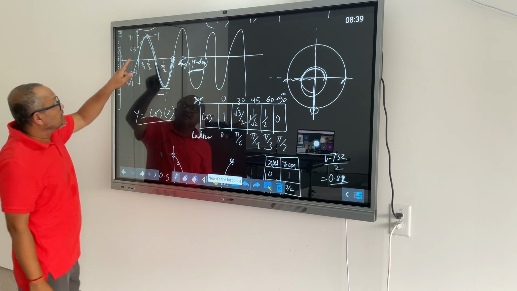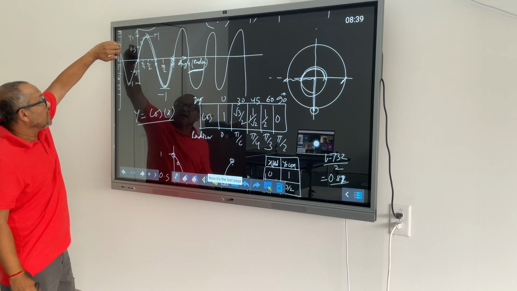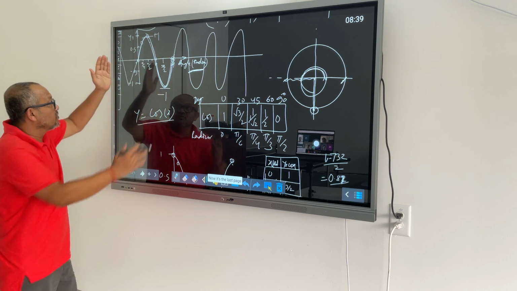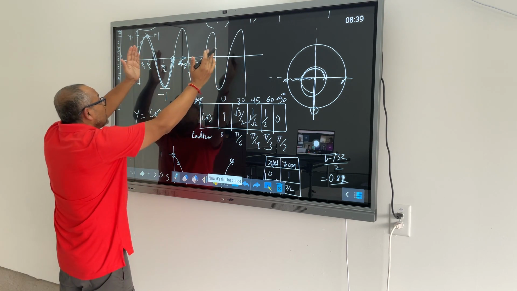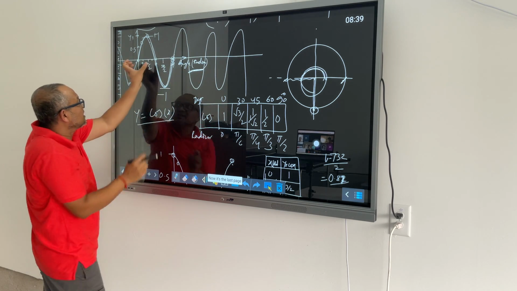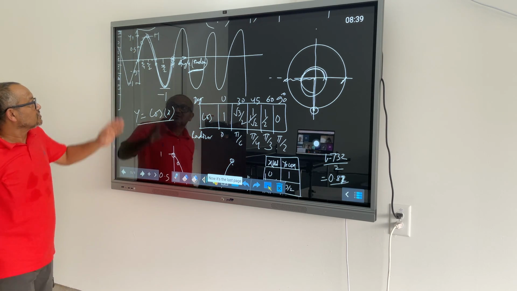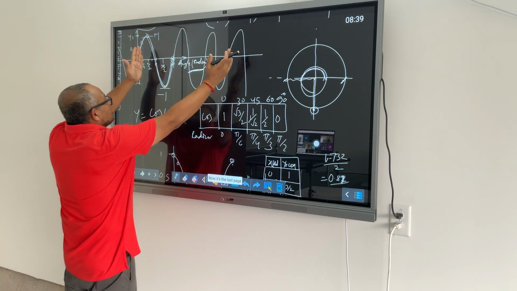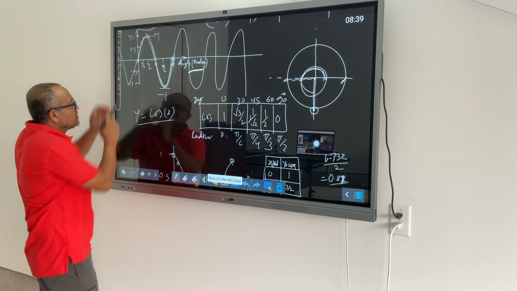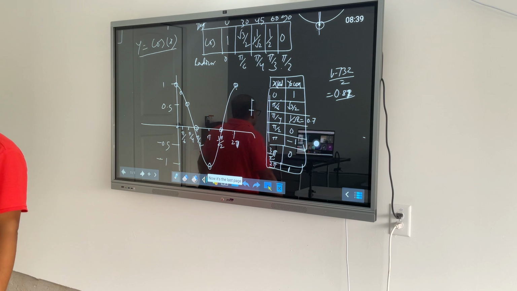The cosine curve shifts the whole thing by 90 degrees or pi by 2 radians. If you shift by this much, you will get your cosine curve. So sine curve and cosine curve are no different.